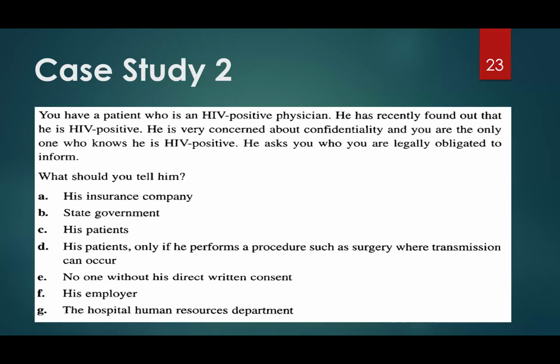So here the correct answer is no one without his direct written consent. We don't have to tell anyone without the direct written consent of the doctor. The next case. So here the correct answer is E.